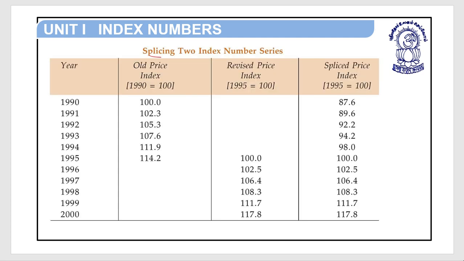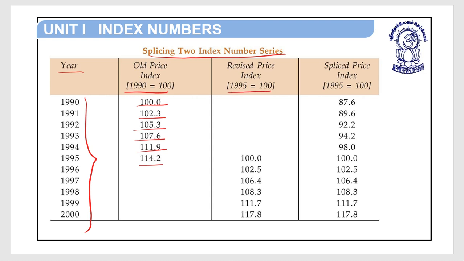So now, splicing two index number series. We are given 1990 to 2000. Old price index, 1990 is equal to 100: 100, 102.3, 105.3, 107.6, 110.9, 114.2.